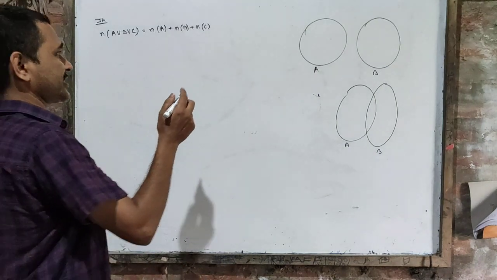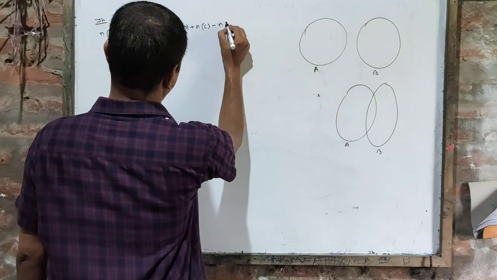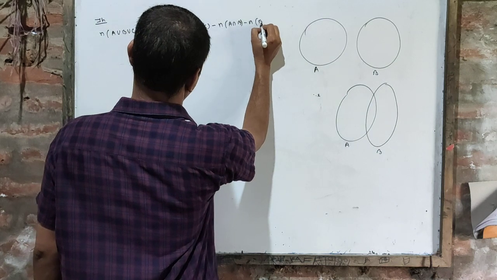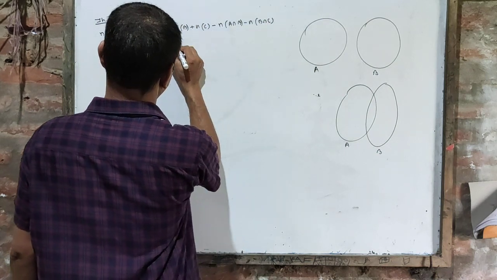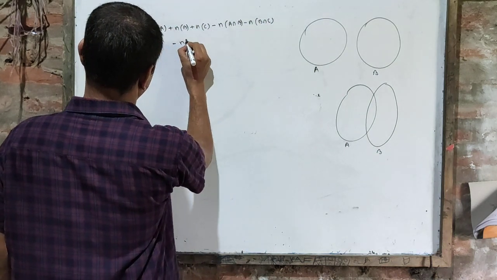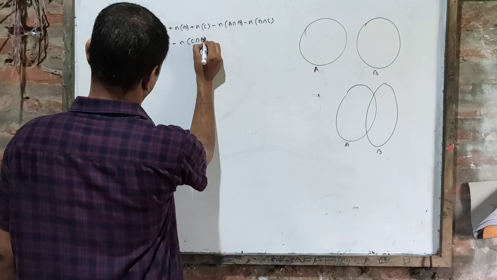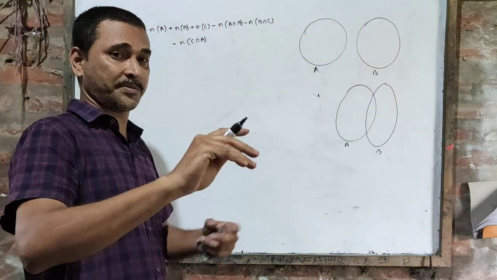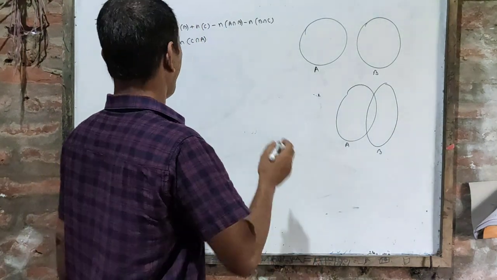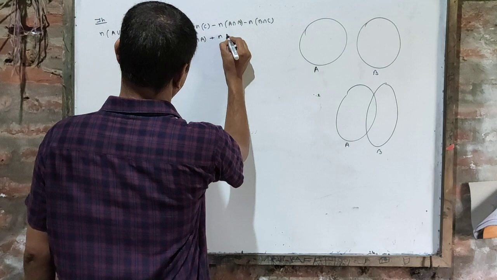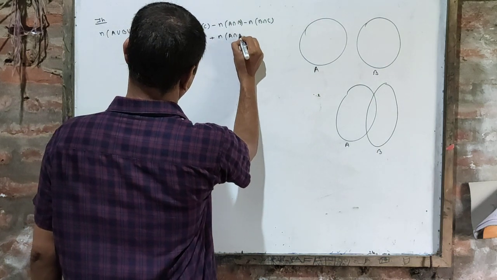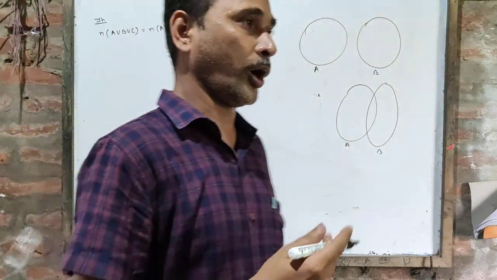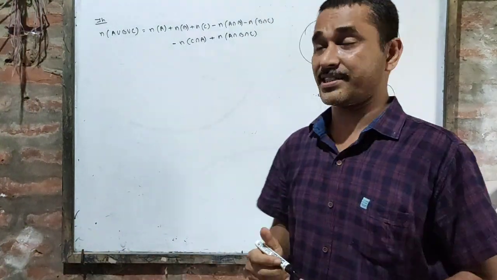Then you take intersection of 2 with negative sign, N of A intersection B minus N of B intersection C minus N of C intersection A. Alright? Then you take intersection of 3 with positive sign, just the sign will alter, plus N of A intersection B intersection C. So easy to remember. Okay, you alter the sign and increase the number of sets.